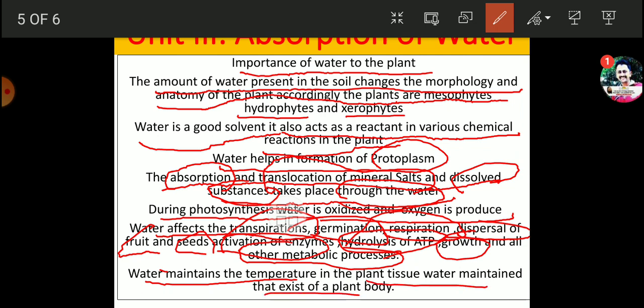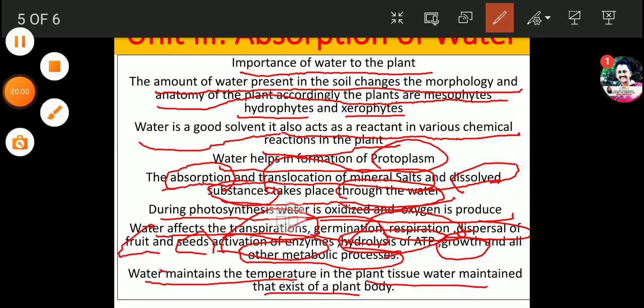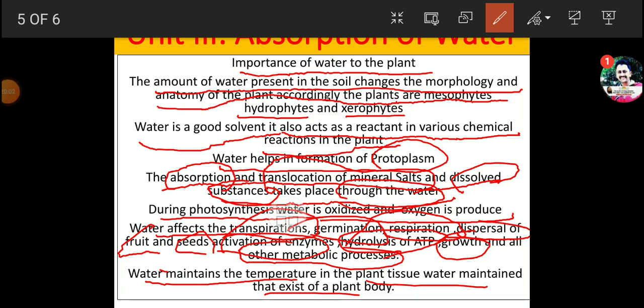So we have to say that there are these many uses of water, and because of that, water has a lot of importance in the life of a plant, that we have learned in unit third, that is absorption of water. Before that, we have to learn the importance of water. We have seen right now that many physiological processes take place, and many enzymes act as biocatalysts, isn't it?